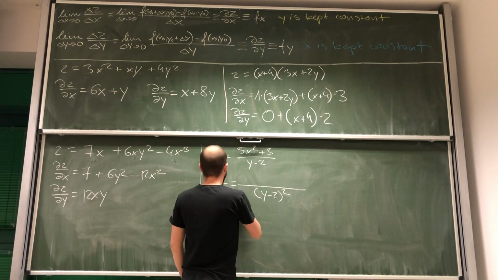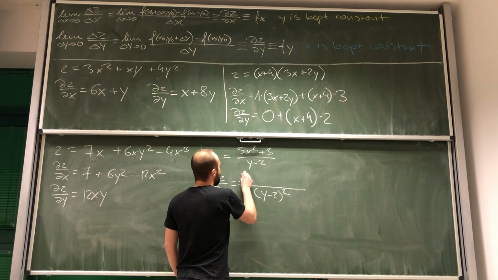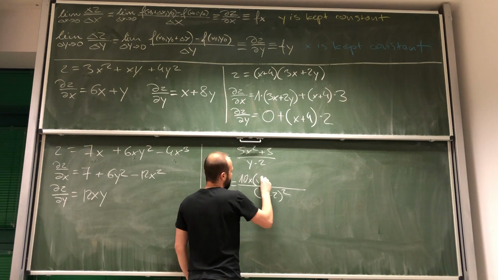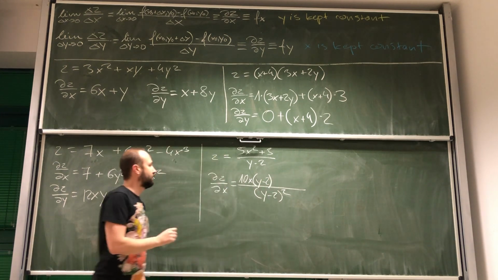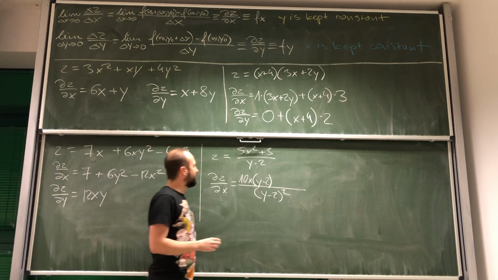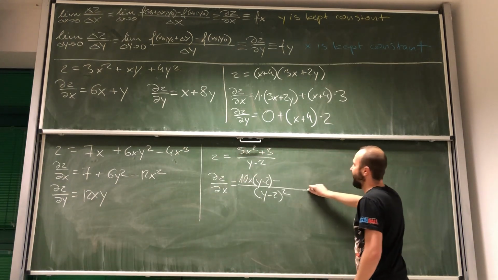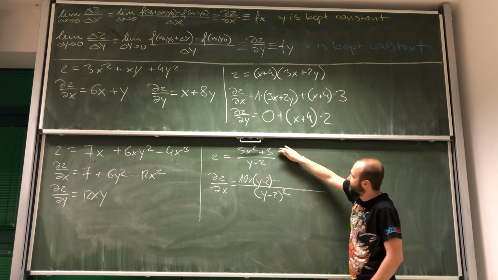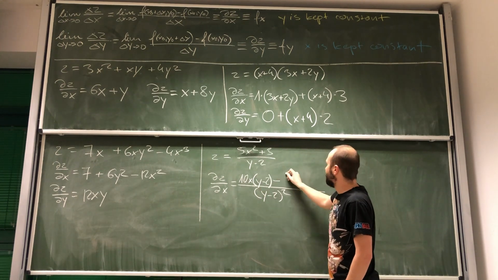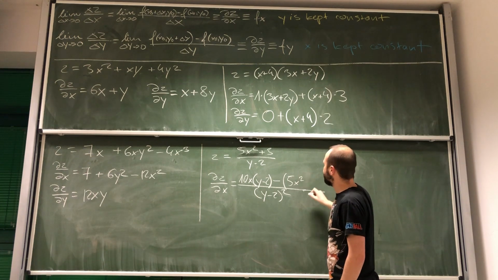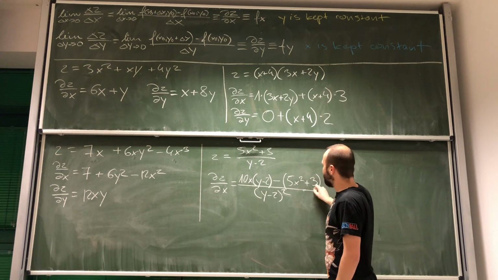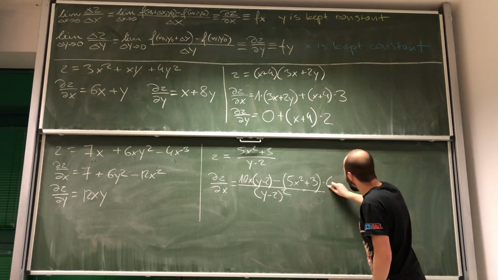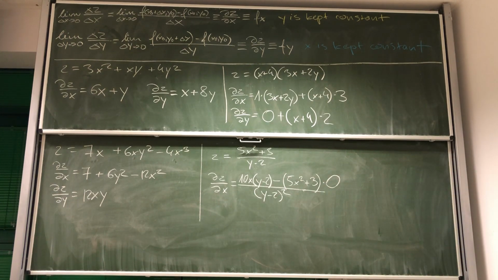So we get this is 10x times the function at the bottom, which is y minus 2. And now minus, we leave this function at the top the way it was, and we differentiate the function at the bottom with respect to x, which actually is 0.